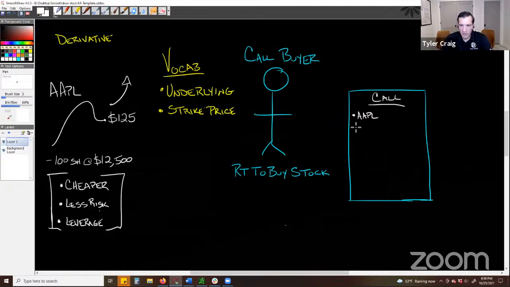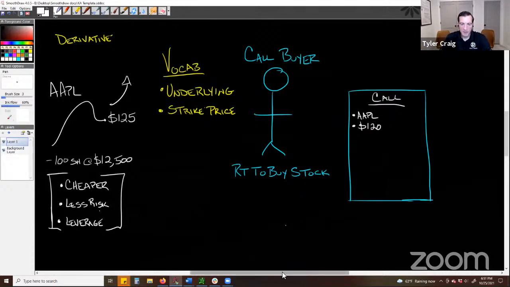So Apple is my underlying. And the strike price, let's assume Apple's at 125. Let's say the strike price is 120. I'm going to lock in the right to buy Apple for 120 bucks. Now let me pause for a second. If I have the right to buy Apple for $120, who am I buying the stock from?